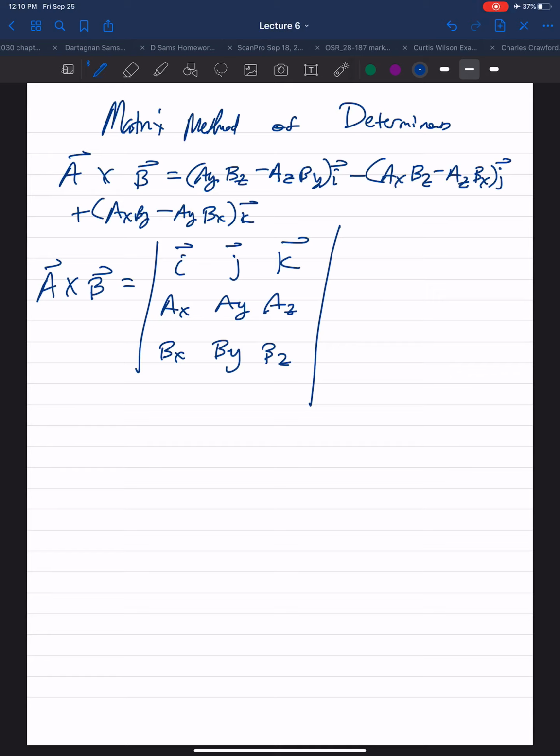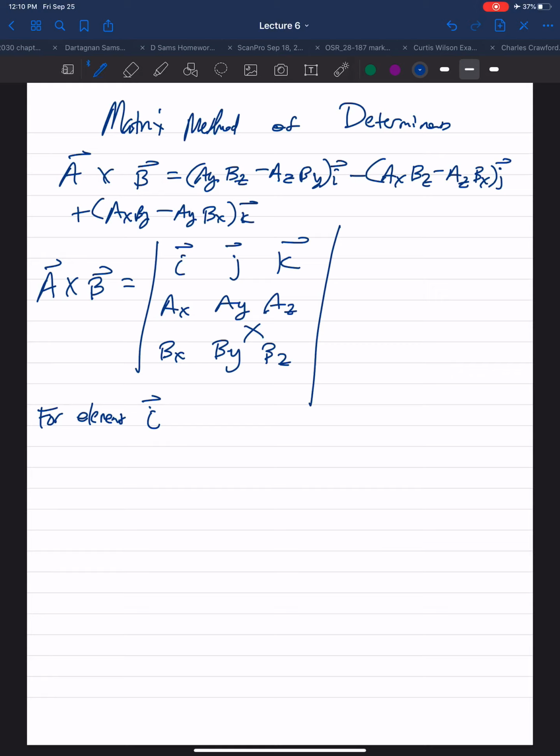So for element i, you take i, you ignore the column of i you're working in, and you ignore the j. So for i, you take these rows and columns.